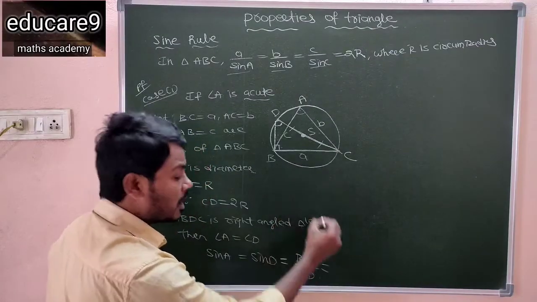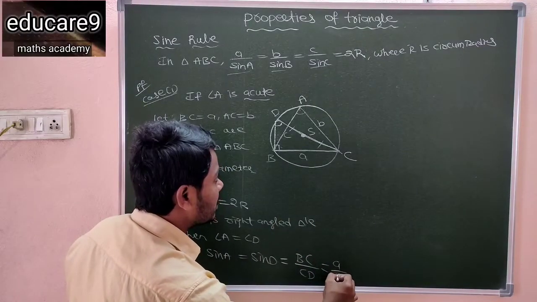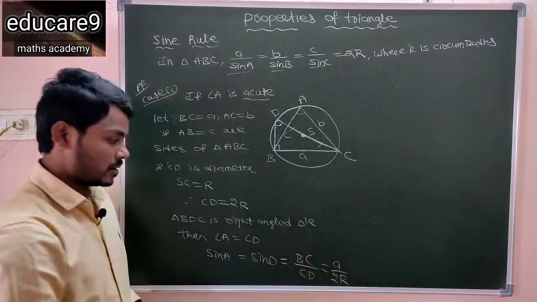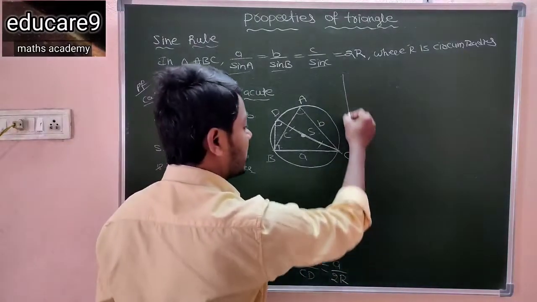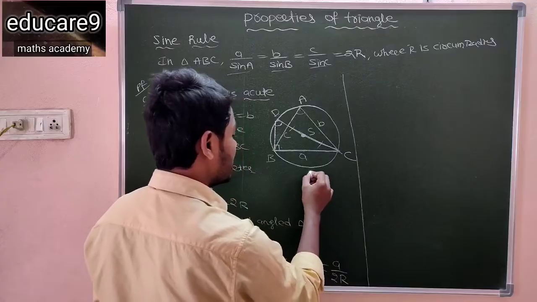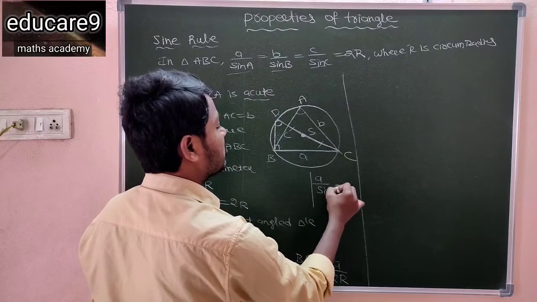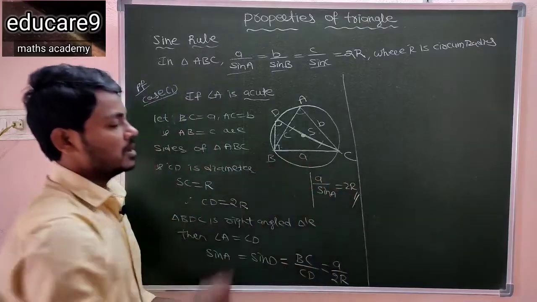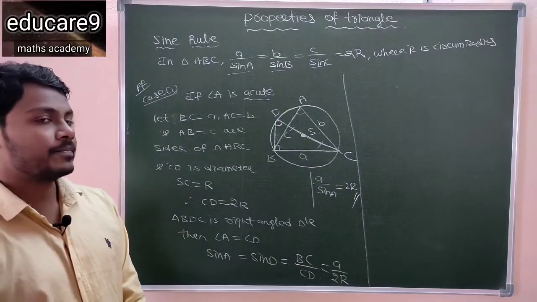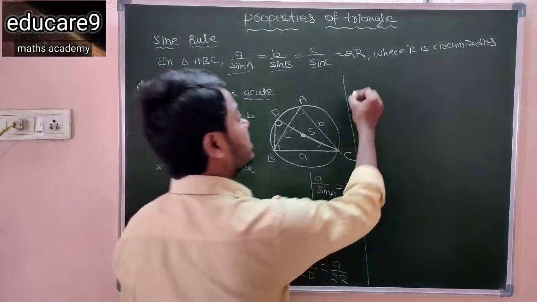What is BC? Small a. And CD is 2R. Therefore a by sine A is equal to 2R. So this is the first case. And see the second case.